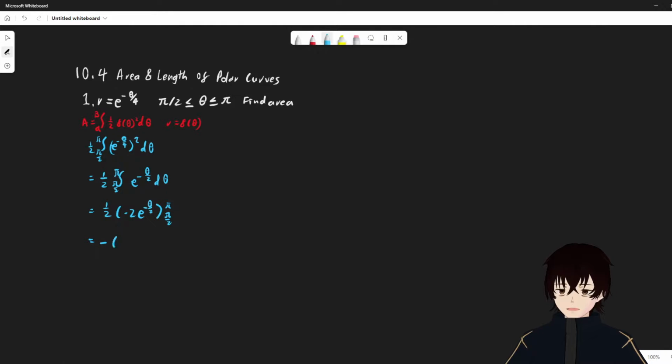So that's negative, take the 2 and 1/2, factor them out. e to the power of negative pi over 2 minus e to the power of negative pi over 4. So we get e to the power of negative pi over 4 minus e to the power of negative pi over 2.